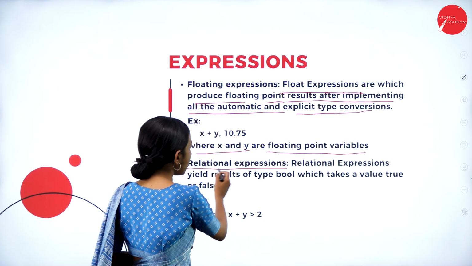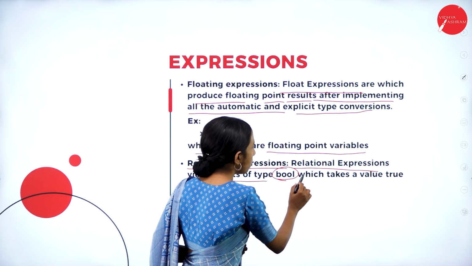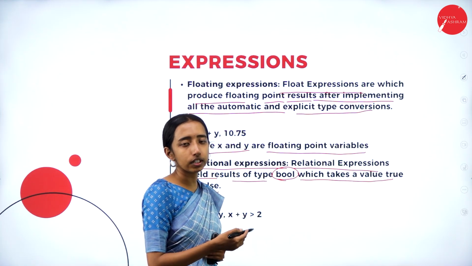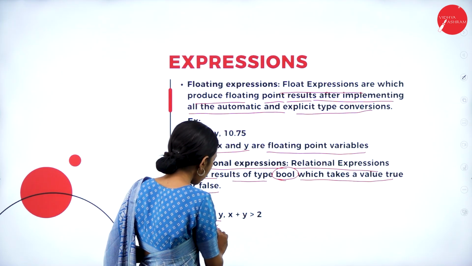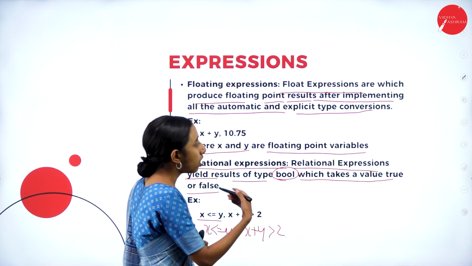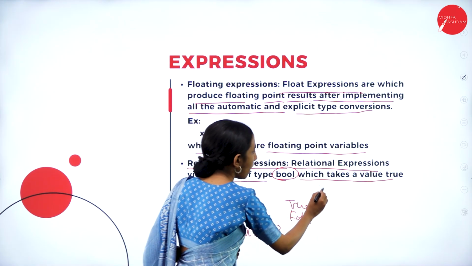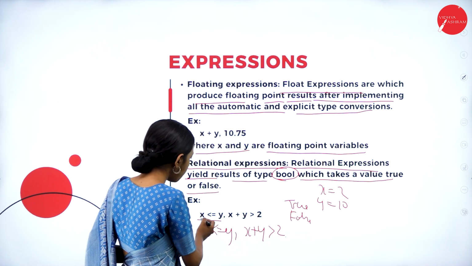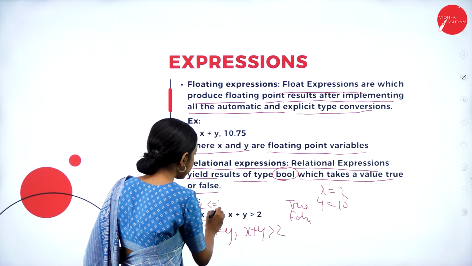Next we are having the relational expression. Relational expressions yield a result of type bool, which takes a value true or false. The relation will give you the result in a true or false form. Here we can see x less than or equal to y, x plus y greater than 2. If I take the value of x as 2 and the value of y as 10, then 2 less than or equal to 10 is true.